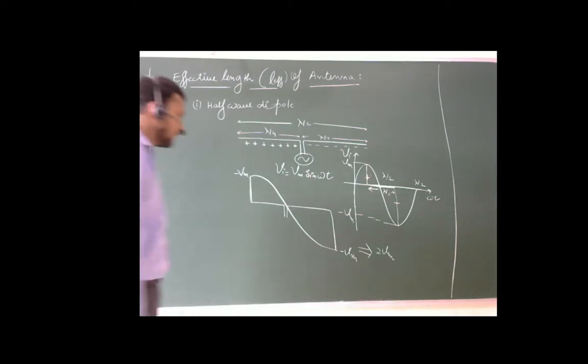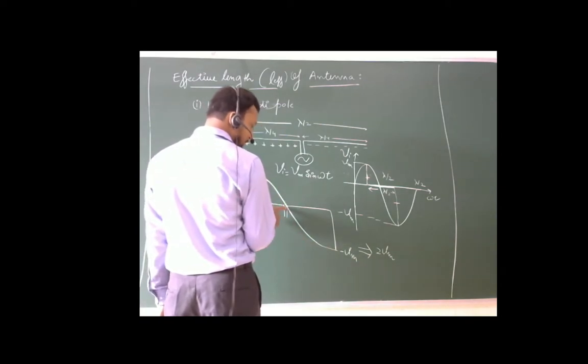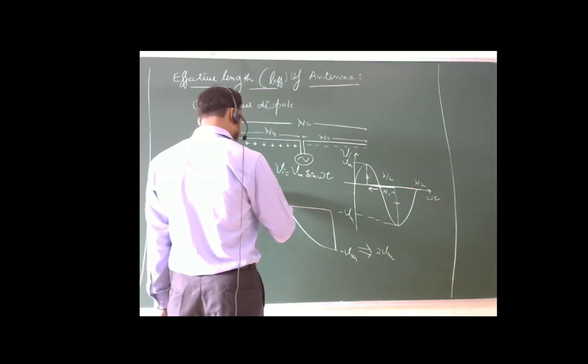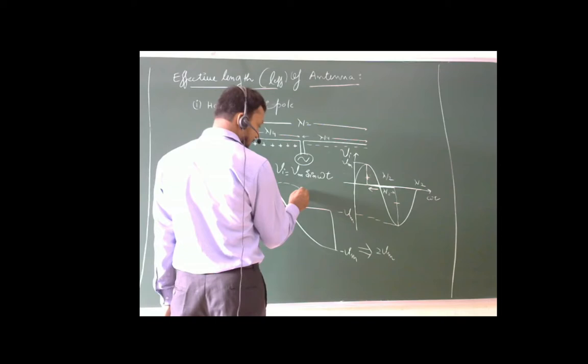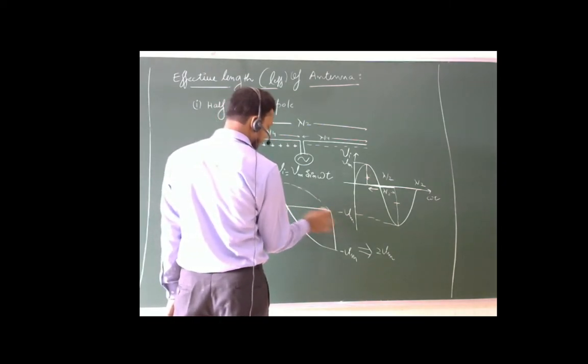In a similar manner, the potential difference is maximum around the center of this wire. So the radiating current is maximum at the center.